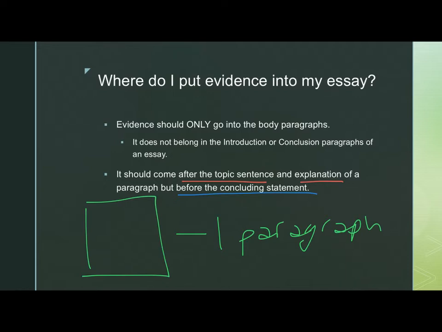So the topic sentence and the explanation go in the top part of that paragraph. And your evidence is going to go in the middle. So this is where your quotes go, right there in the middle. And then at the end of this paragraph, that's where you're going to see the concluding statement.